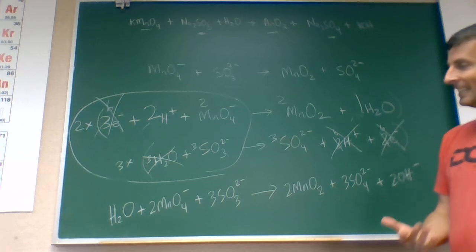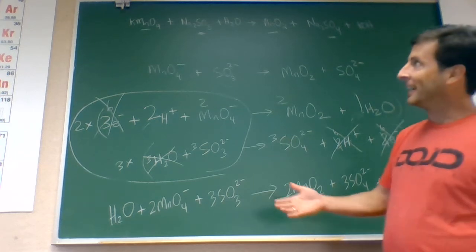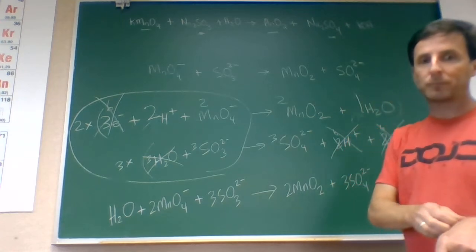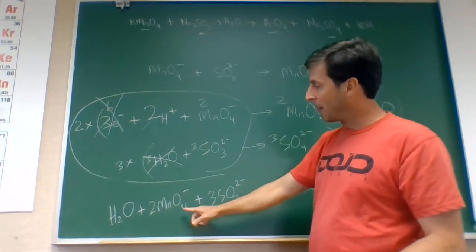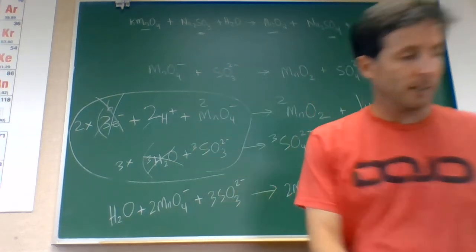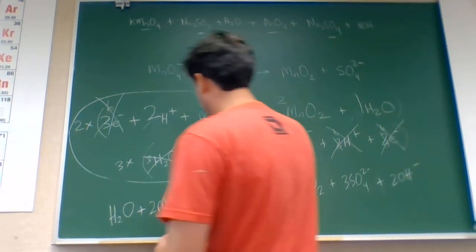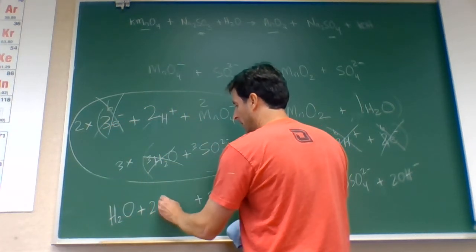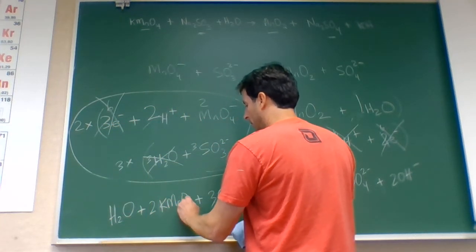The last thing I need to do here though, it gave me the problem involving sodiums and potassiums. I need to throw them back in there. So I have 2 MnO4 minuses, but that was originally KMnO4. So technically, I should go back and replace that. It's going to be 2 KMnO4s. Okay?